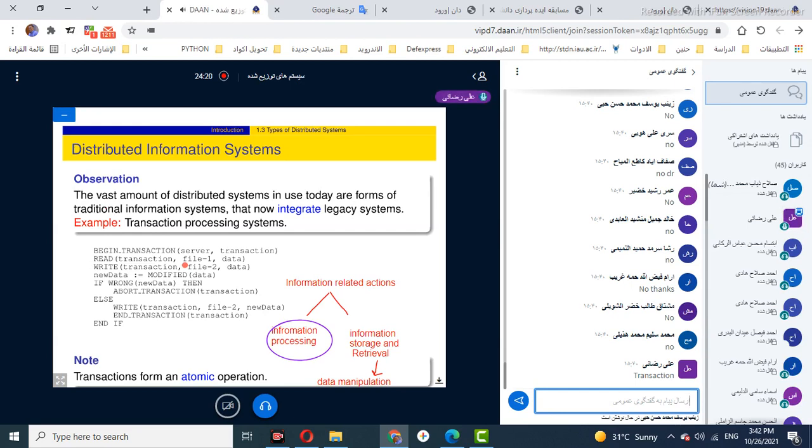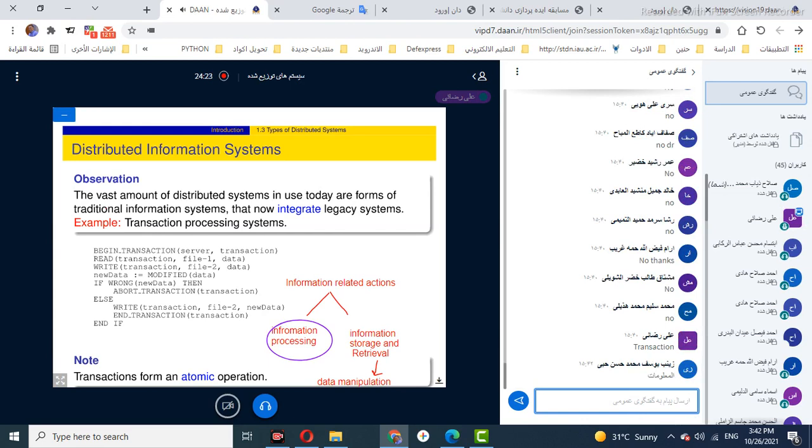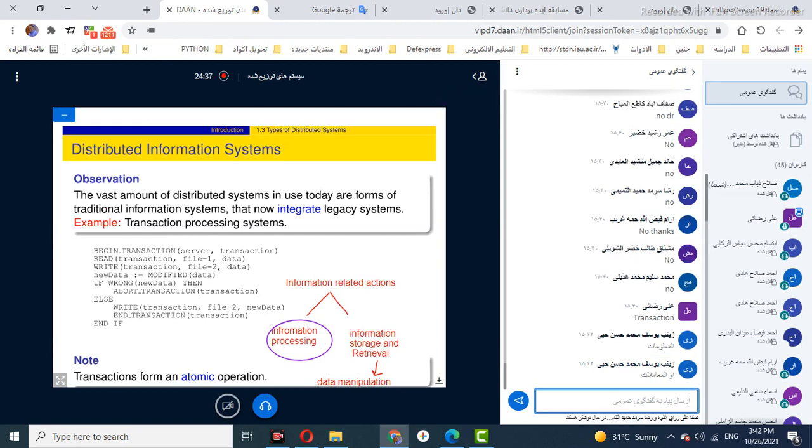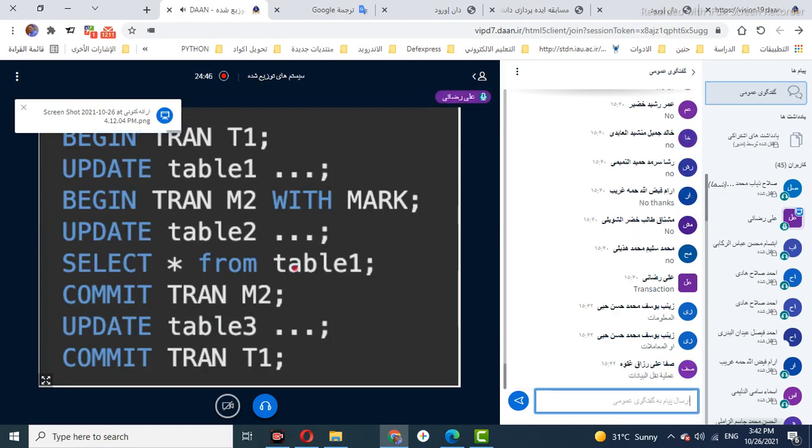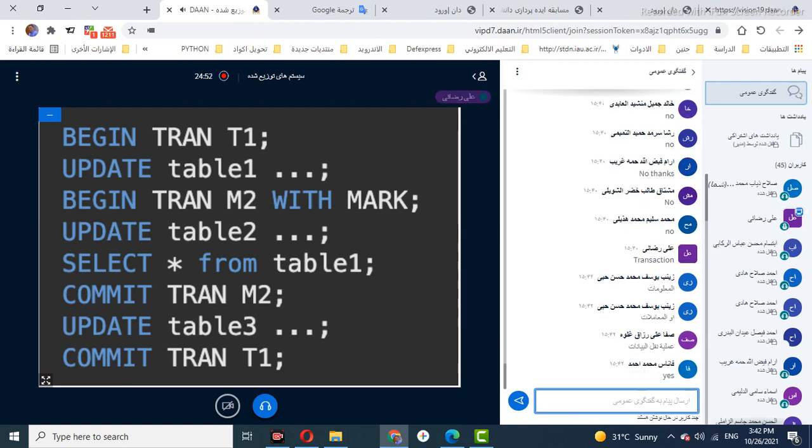Now you can see a transaction here. Guys, can you see this image? Can you see this new image? Okay, thank you. I got that, you can see it.